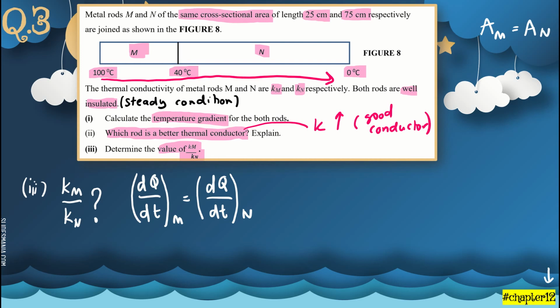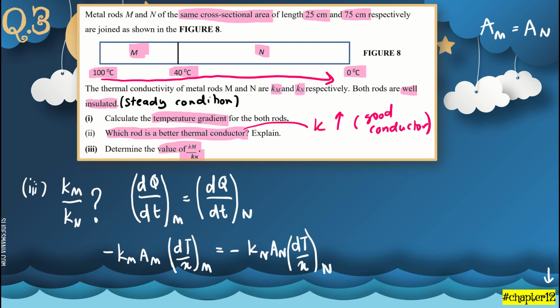Now we can expand the equation: negative Km Am dT over S for M equals negative Kn An dT over S for N. From the question we know that the area is equal, so we can cancel out area. The negative can also be cancelled out.